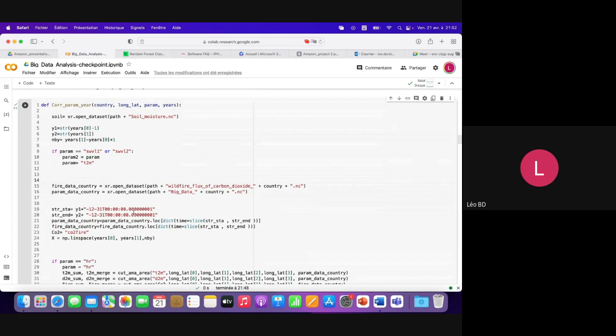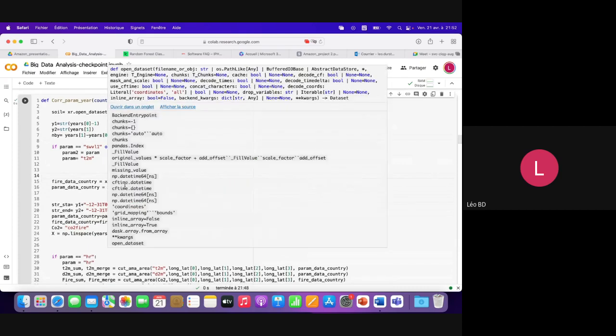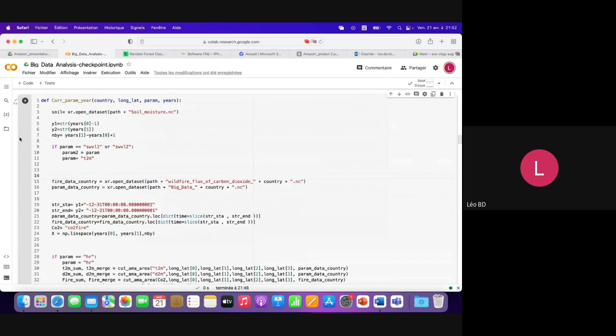This function is used to do the graph concerning the tendencies when we compare a parameter such as temperature, let's say, to fire emissions. This function takes as entry the country that we want to analyze, because we separate by each country, for example Colombia or Brazil or Ecuador.